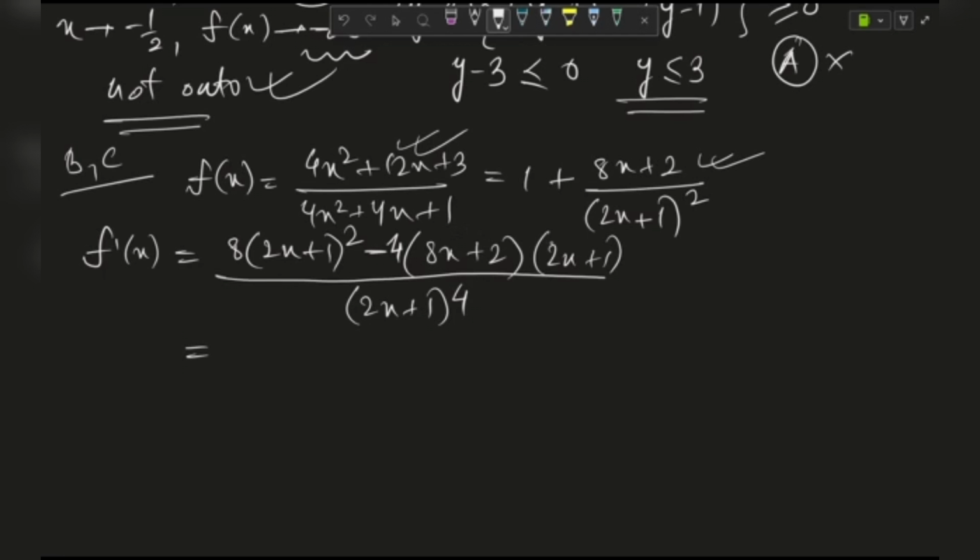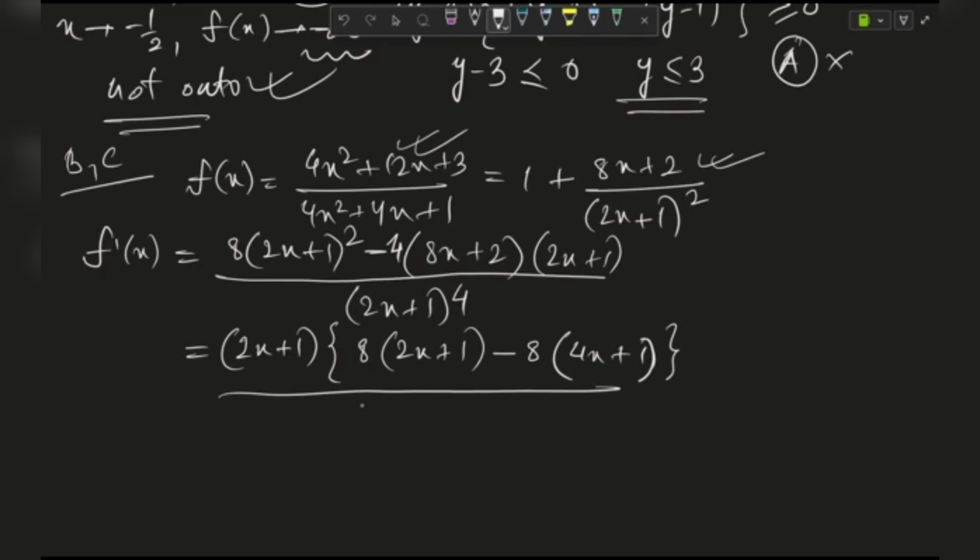So I guess we can take out 2x plus 1 common from this entire thing. So this becomes 8 times (2x plus 1), and we have a 2 common from here, so minus 8 again times (4x plus 1), right? And this is our (2x plus 1) whole power 4, which gets 1 power subtracted. So if we try to manipulate, this is 16x minus 32x and plus 8 minus 8.